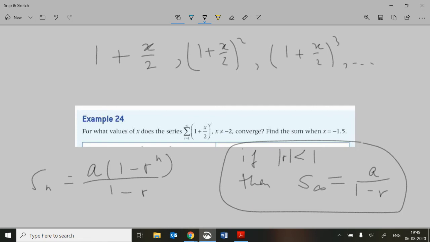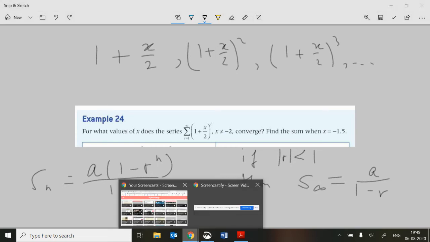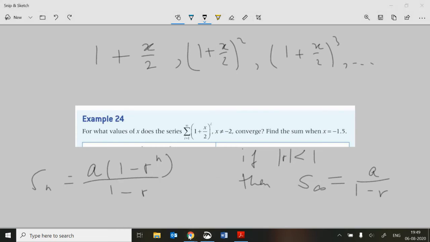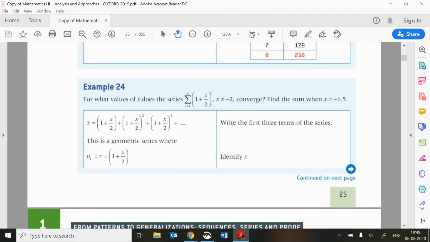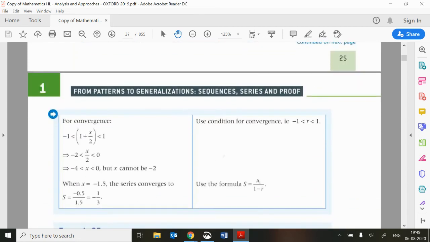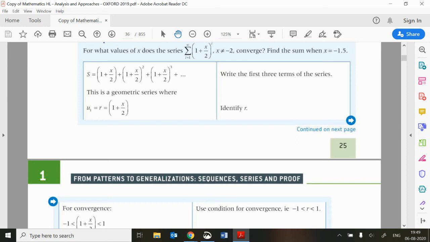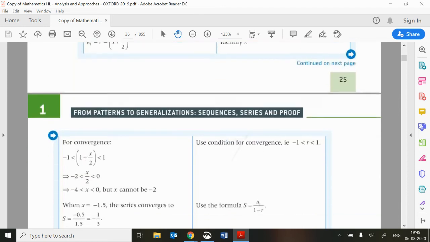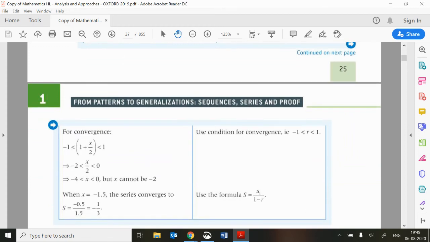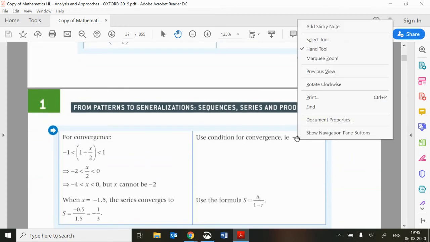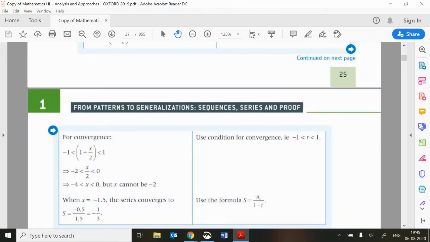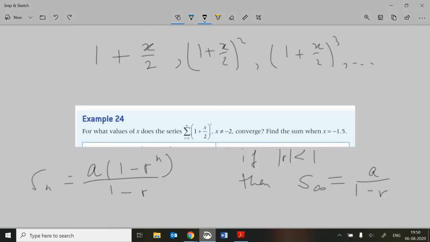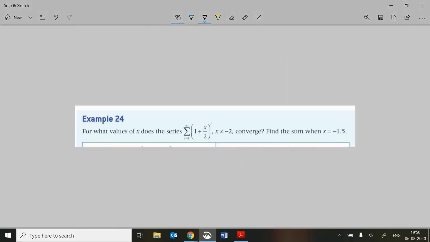Okay, so let's look at how they're doing things here. Identify r. So u1 is the same as r. That's what we got to in our working out, 1 plus x over 2. For convergence, they're saying this, exactly what I was just saying, though they're just sort of coming up with that, which is kind of frustrating. But anyway, let's go with it. We now need to say the magnitude of r needs to be less than 1.